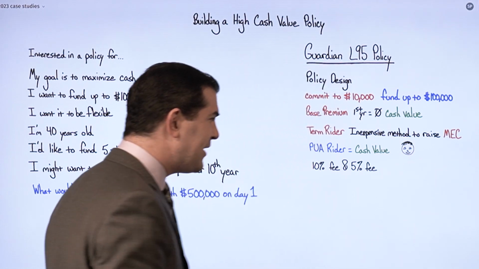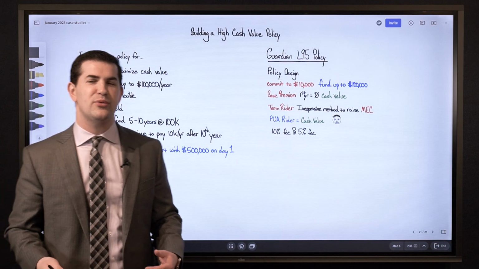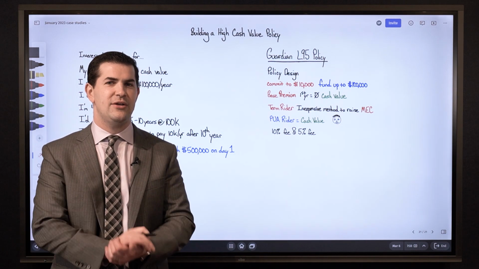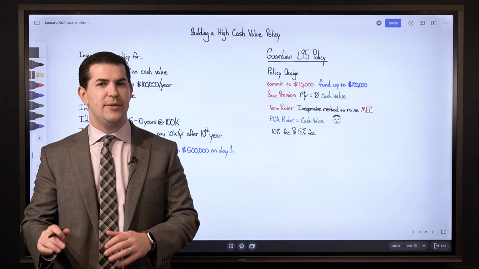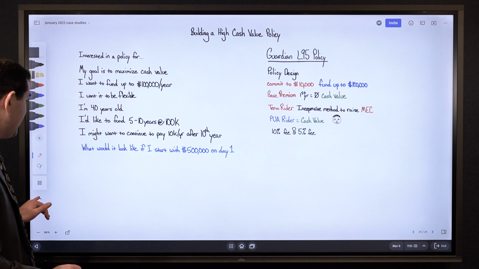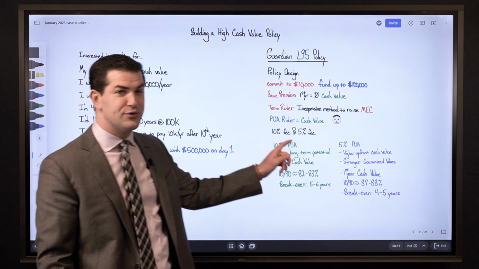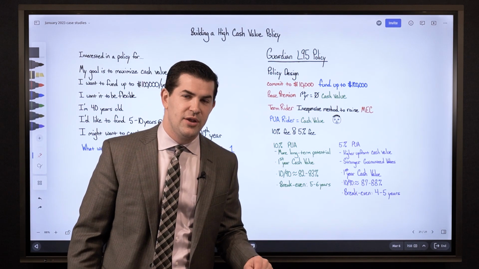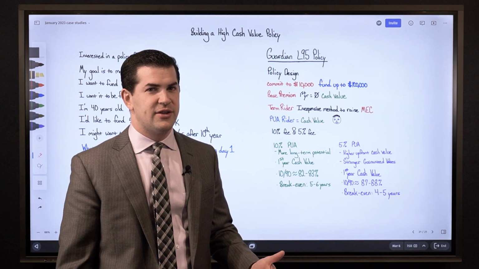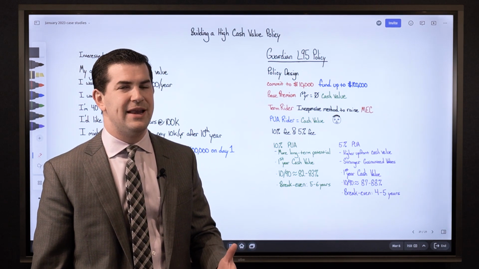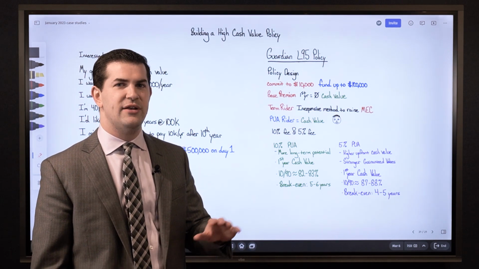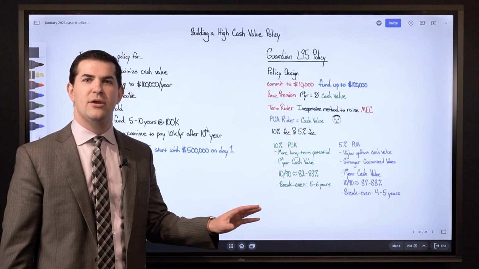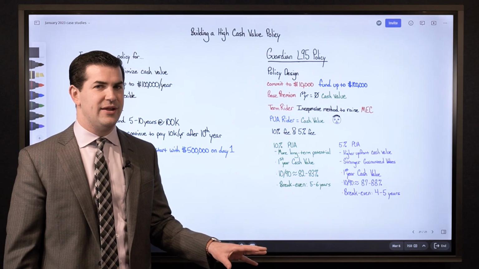Now, quick side note here, you will not see 100% of your PUA payment show up in cash value. Depending on the PUA rider you select, because you have the option to pick either a 10% or 5% PUA fee, you'll typically see somewhere between 90 and 95% of your PUA payment show up in cash value immediately.